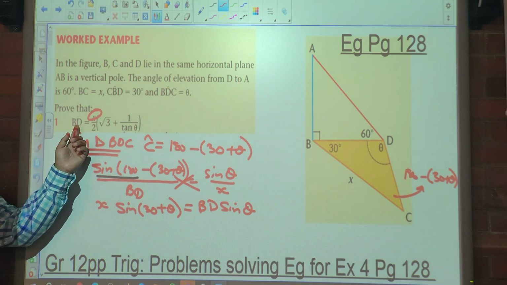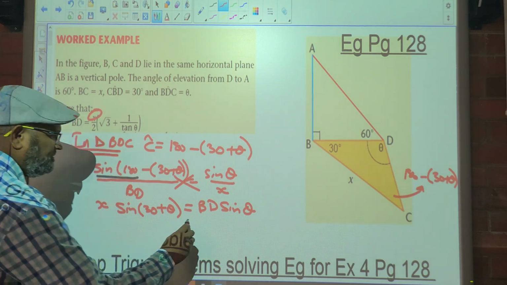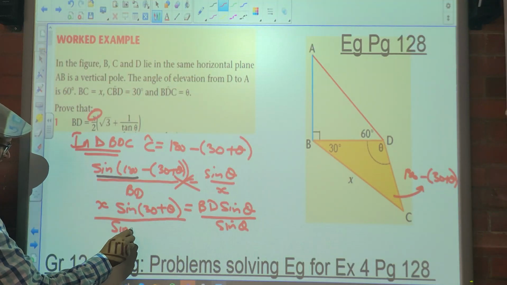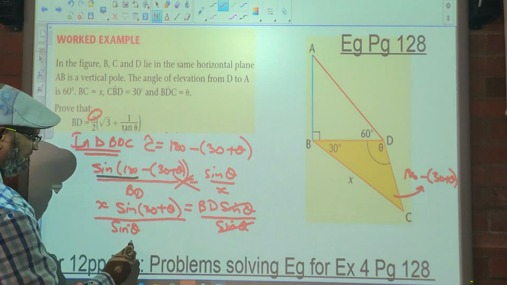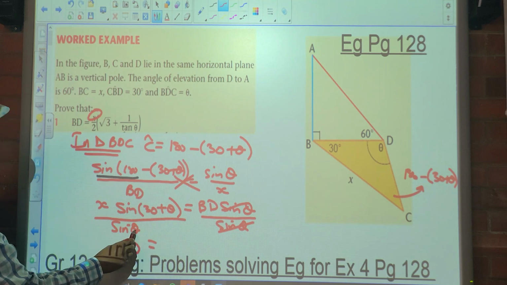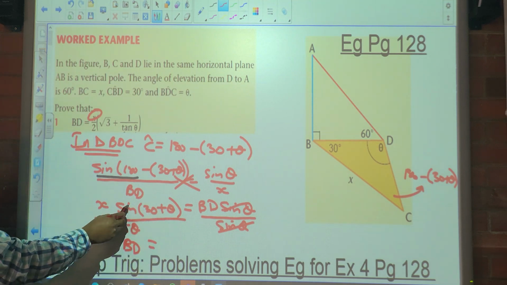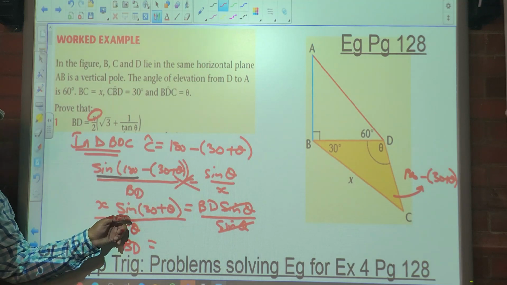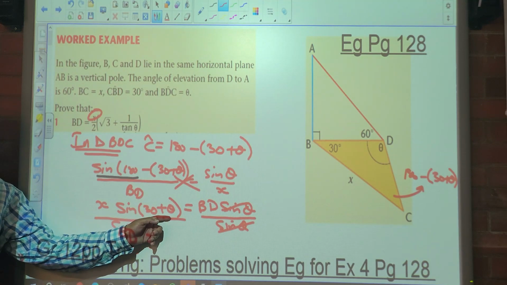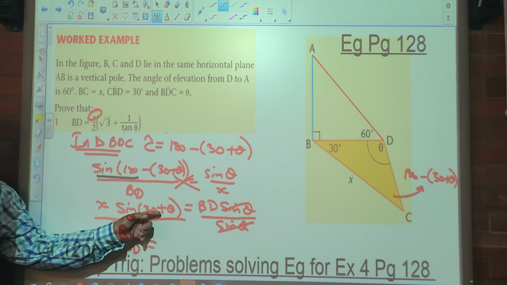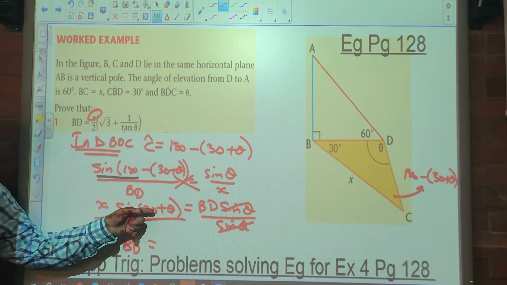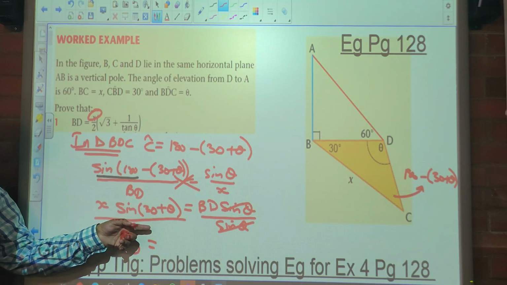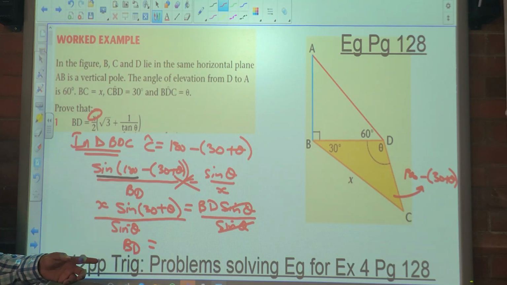But did I get BD on its own? So I'm going to divide both sides by sine theta. Okay, so that cancels. So BD, can the thetas cancel here? Did the sines cancel? No. However, how can sine (30 plus theta) be written? It can be written as sine 30 cos theta plus cos 30 sine theta.